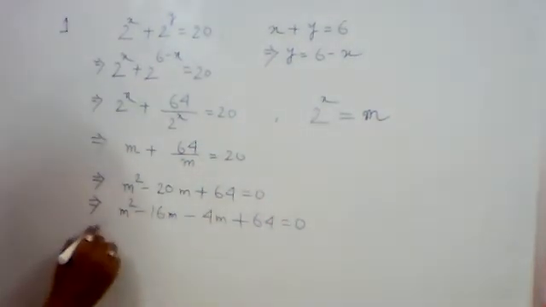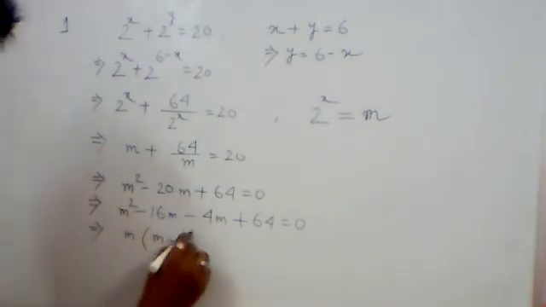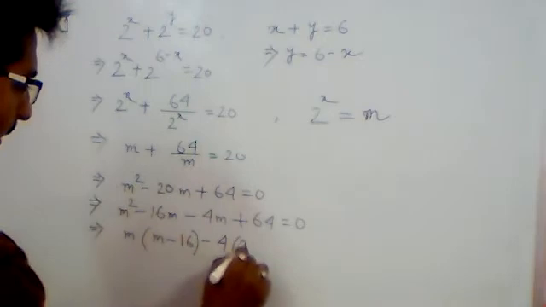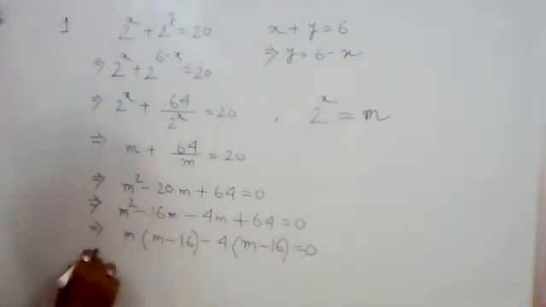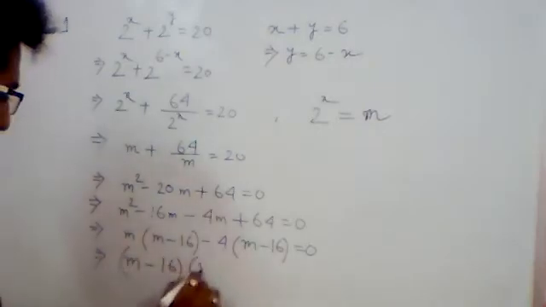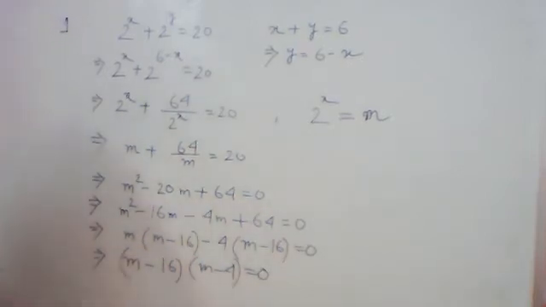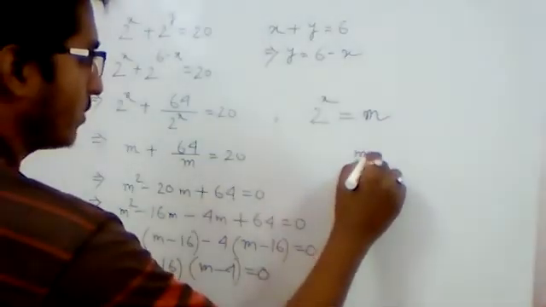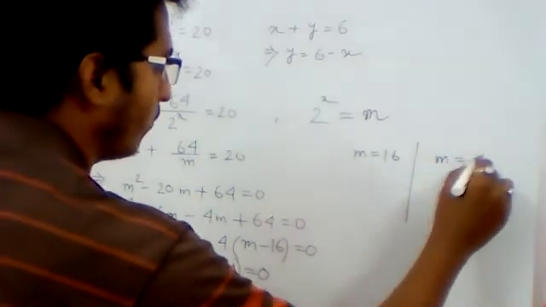By factorizing, we will have m minus 16 minus 4 times m minus 16, or directly we can write m minus 16 times m minus 4. So here we will get two values of m. One is 16, another is 4. So consider m is equal to 16, and the other one is m is equal to 4.